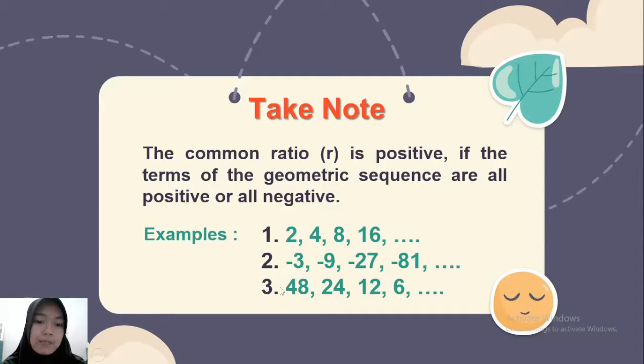And item number 3: 48, 24, 12, 6, and so on, is all positive. These geometric sequences are all positive or all negative. So, the common ratio is positive.